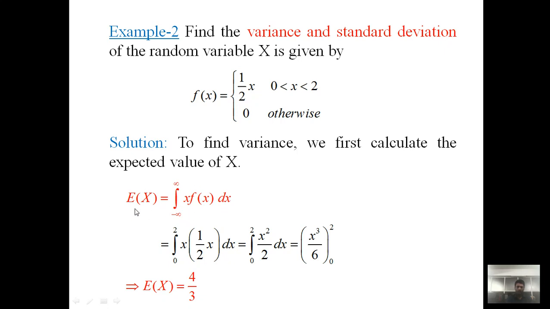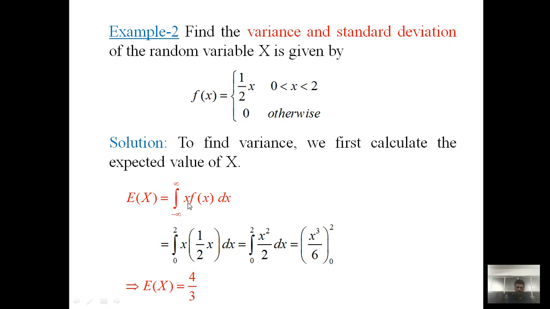So for a continuous random variable, the definition of expectation is in terms of an integral. It is the integral from minus infinity to infinity of x into f of x dx. This highlighted equation is just the definition of expectation when capital X is a continuous random variable. But our density function is non-zero only on the interval 0 to 2, so we have to convert to the appropriate boundary.